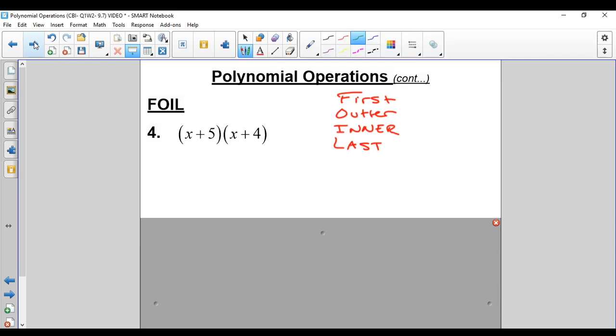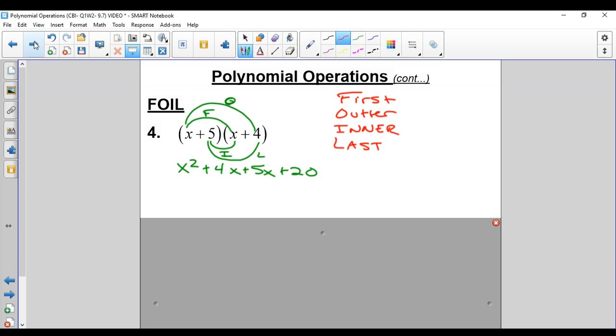So that means your first terms in there, so it'd be x times x is x squared. Your outer terms, x times 4 is just 4x. Your inner terms, 5 times x is 5x. And the last terms in each parenthesis, so it'd be plus 20 there, 5 times 4.